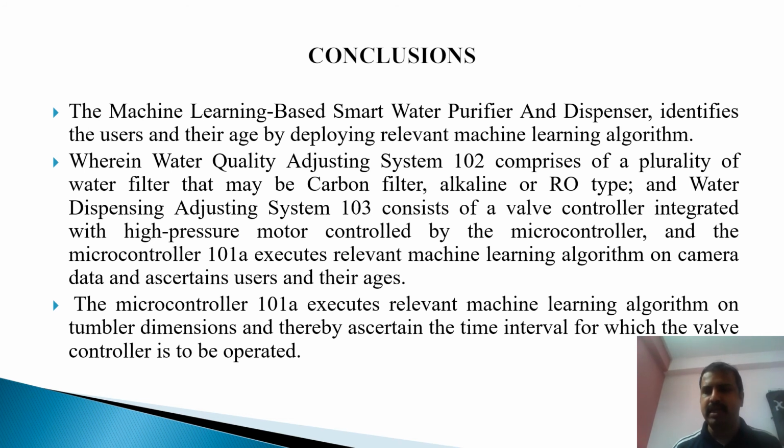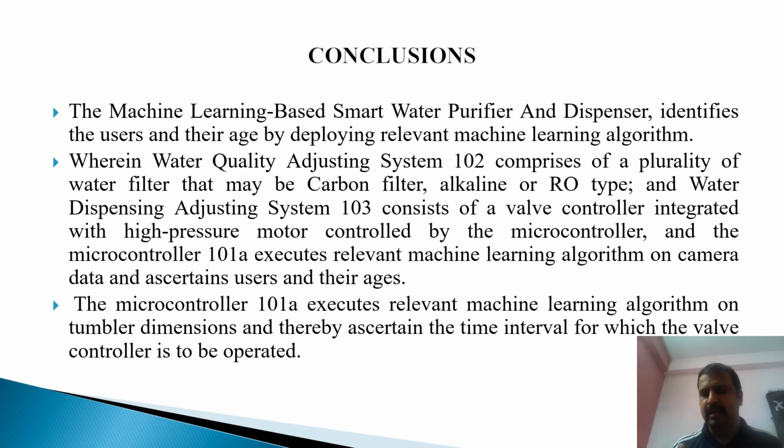Based upon that, the water quality adjustment system, that is 102, which comprises a purification system, will decide which type of water has to be generated, and for that a flow control will regulate the water flow through different cartridges. Once the different cartridges align themselves with the help of a water flow regulator, the water will flow through only those cartridges and get the desired water quality index.